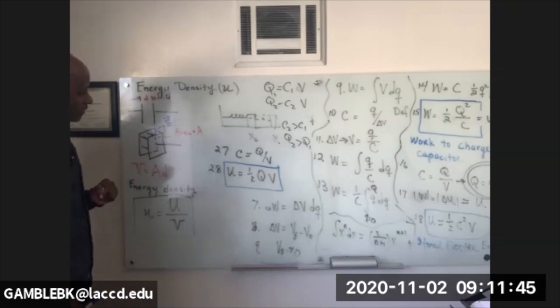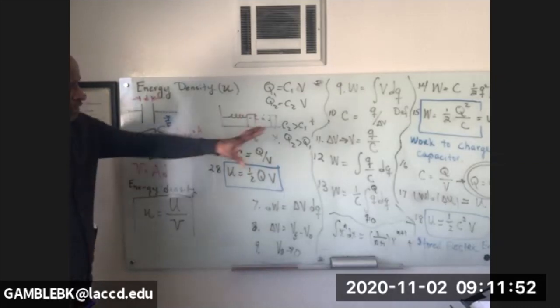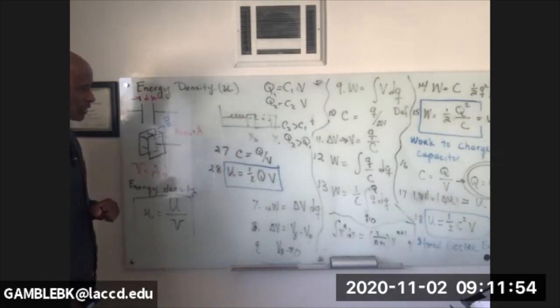You might see that somewhere, but we don't have to do it that way because we've already integrated and figured out what the total energy is. So we can just use that maximum value.